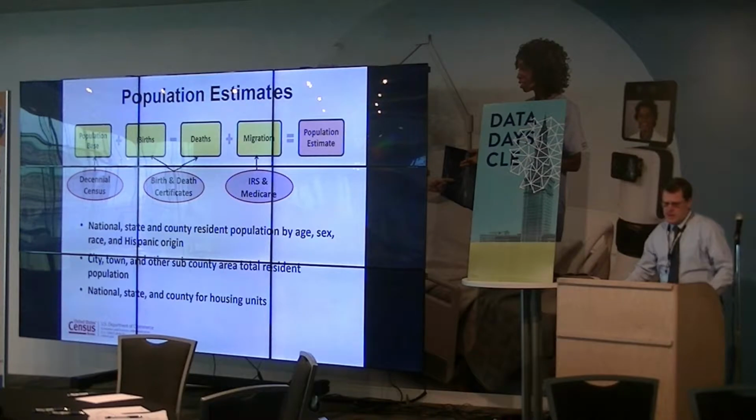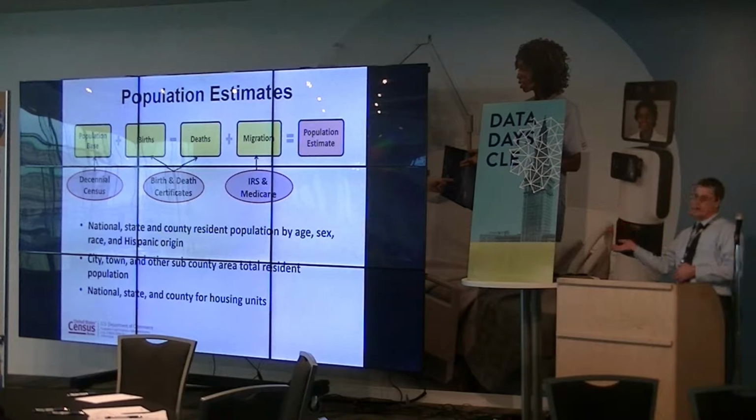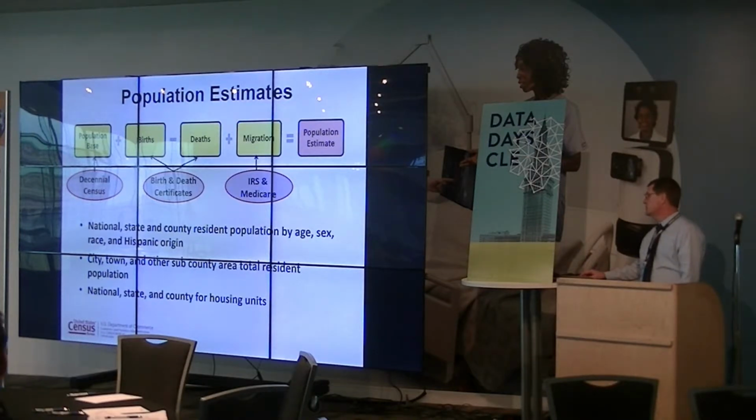Of course, part of my job is people will ask me, hey Tim, I need to know the number of different races in Cuyahoga. I could always say, here's the ACS estimates, the American Community Survey, but I steer people towards the population estimates if they want that kind of data, just because they're more precise based on what goes into them than the ACS estimates would be.